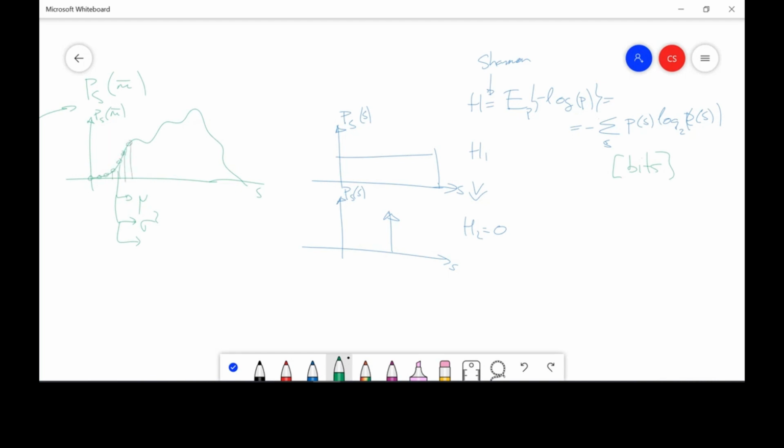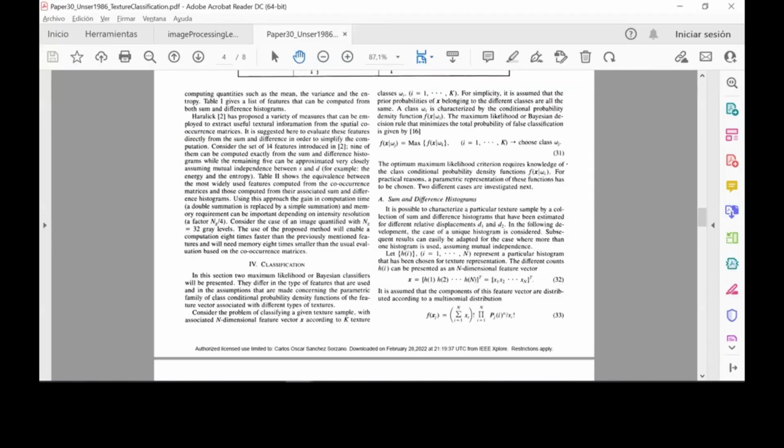I can put all these values in a vector. Let us use histograms. What is the histogram of 0? What is the histogram of 1? What is the histogram of 510? And this is my vector. Okay, so I reduce histograms to vectors.